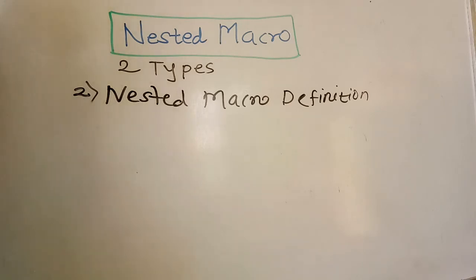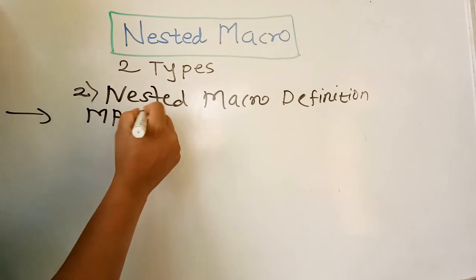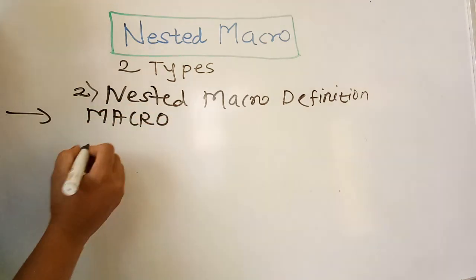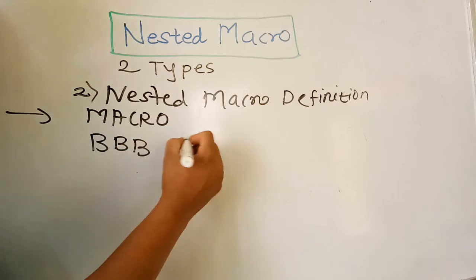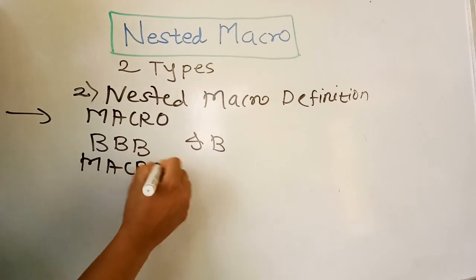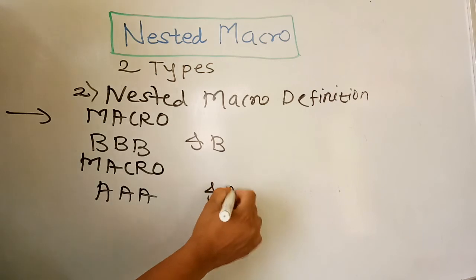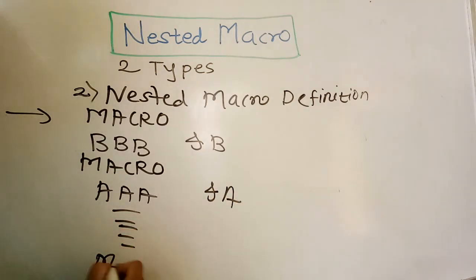When actual definitions are given, it is known as nested macro definitions, and when only macros are called, it is known as nested macro calling. For example, there is one macro, BBB, having the &B parameter. Then there is a macro AAA with its parameter &A, and it is a definition, and then macro end is there.